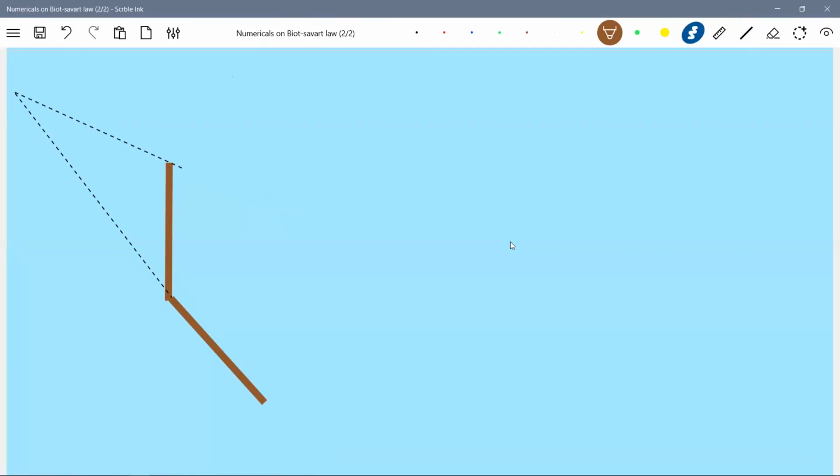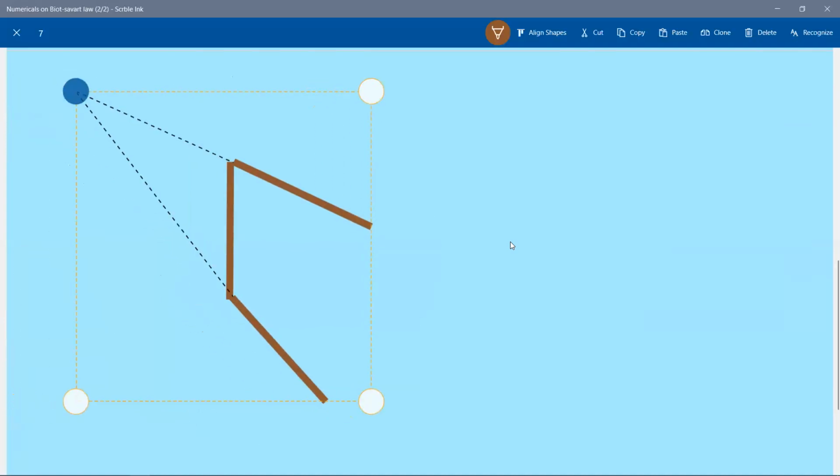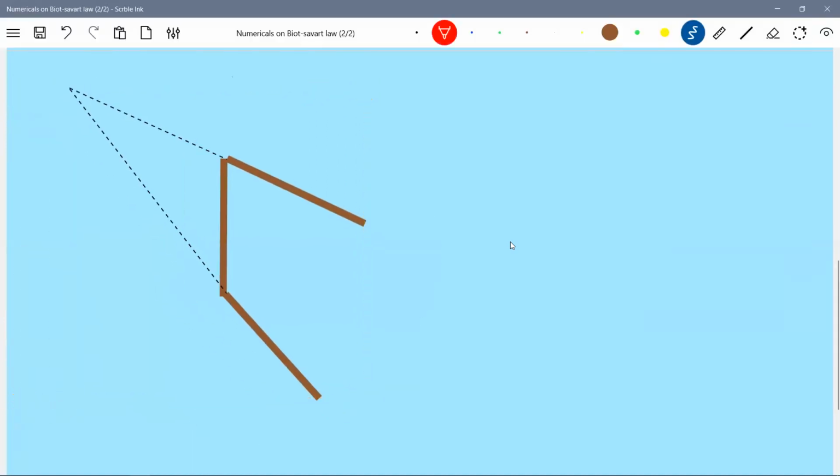Okay, this is the point P. There we have to find out the magnetic field strength.